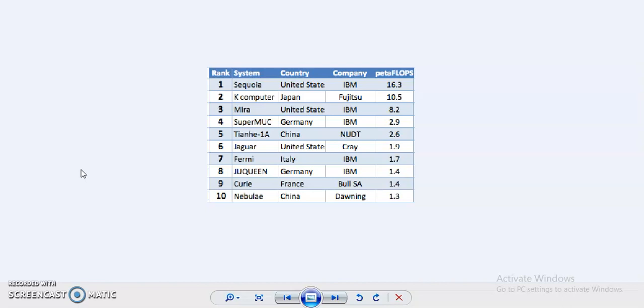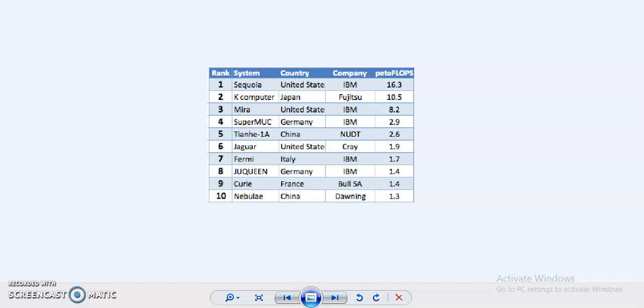Mira, United States. SuperMUC, Germany. Tianhe-1A by China. Jaguar again by the United States, made by Cray. And Fermi, made in Italy. JUQUEEN, Germany, Curie, France, and Nebulae by China. So this is a list of the world's fastest supercomputers.